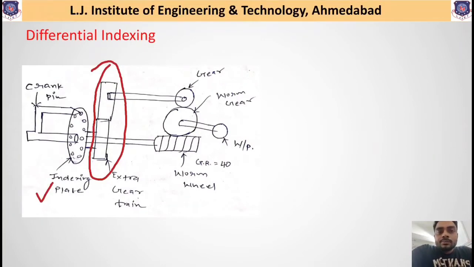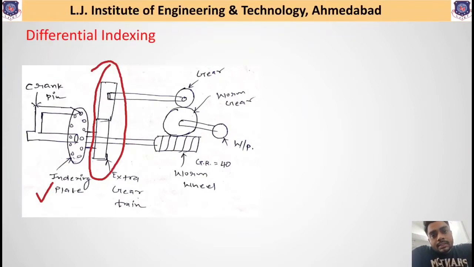So now we have understood which parts are available in this differential indexing mechanism. Now how this differential indexing mechanism will operate, we will also understand.